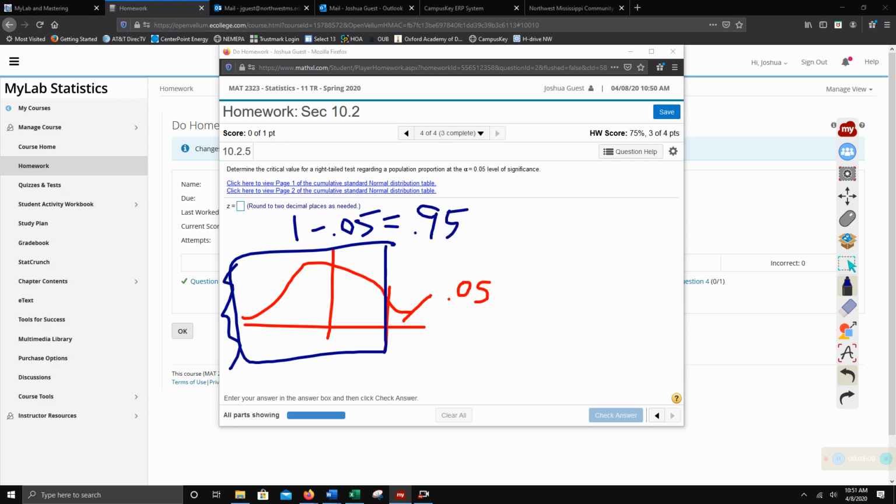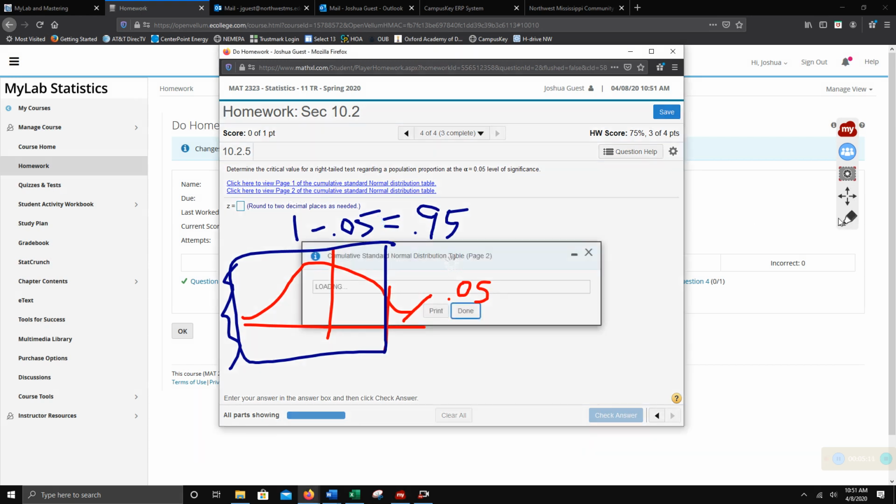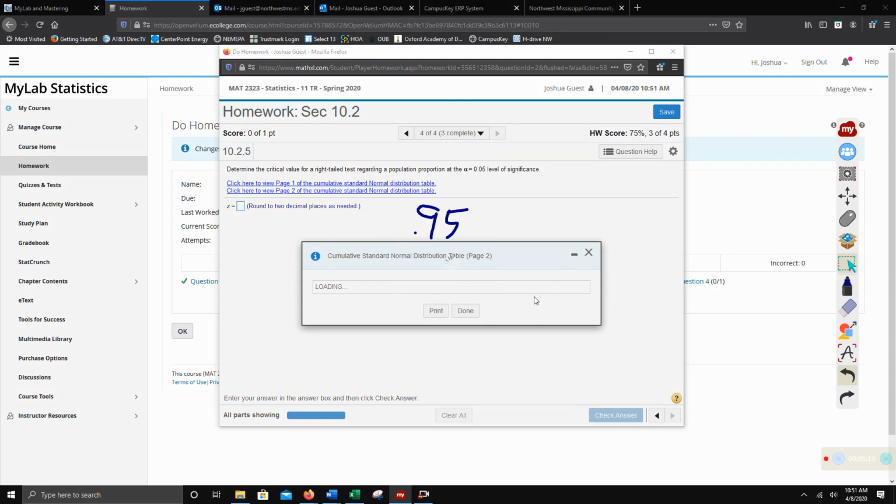Because my table is cumulative and it's less than, I have to look at 0.95. So this is cumulative here. So we're going to open up our table here, and while it's opening, I'm going to erase my stuff here. I'm looking for 0.95, and it'll actually be 0.9500, because the table goes to 4 decimal places.